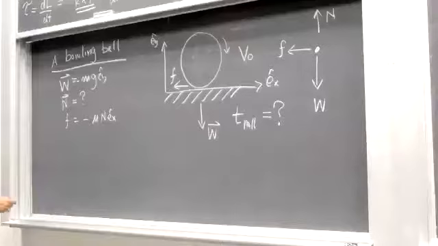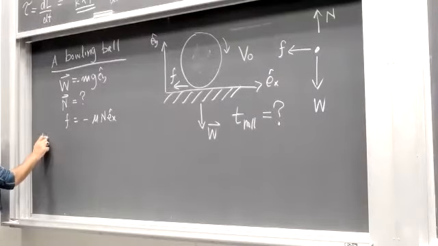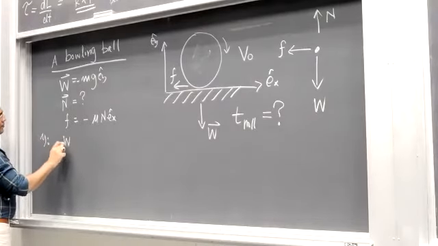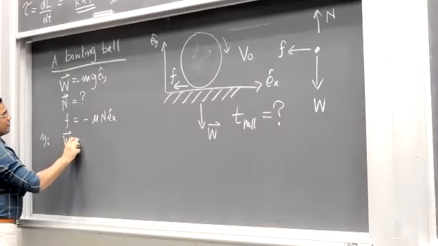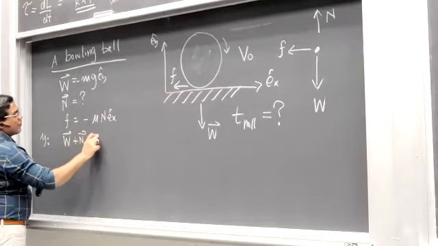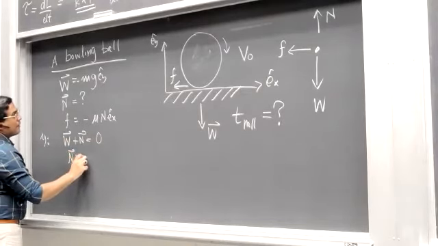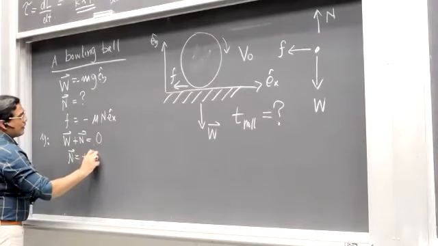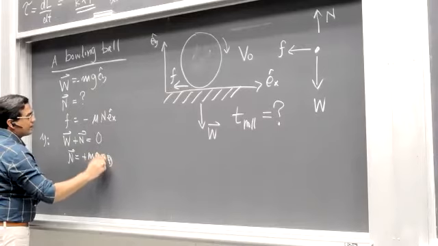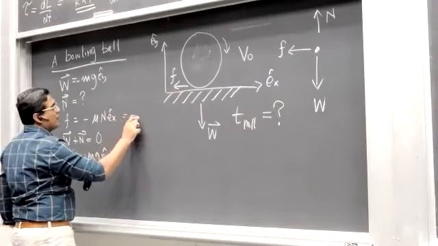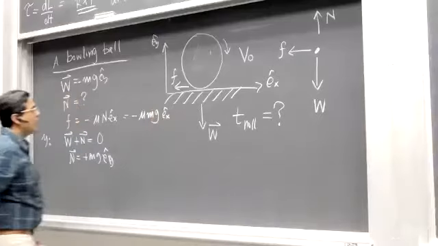We write the equation for the y direction: sum of all forces, weight plus normal force, and there is no acceleration in that direction. So normal force is plus mg ey. That's the normal force, and now we can figure out the friction. What is the friction then? Minus mu mg ex. Okay, all clear?